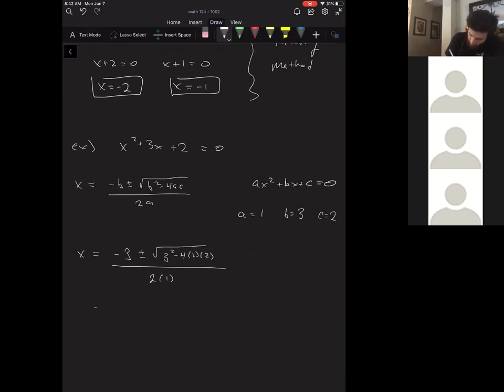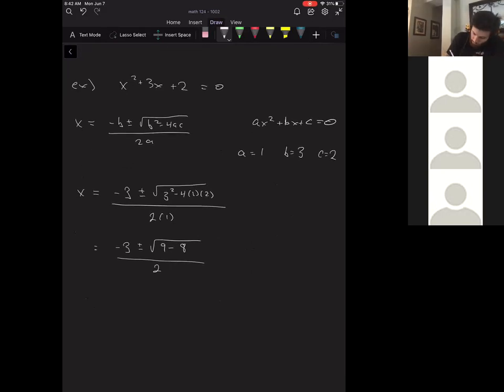Let's simplify this. We have minus 3 plus minus the square root, so 3 squared is 9. Then we have minus 4 times 1 times 2, which is just 8, all divided by 2 times 1, which is just 2. So we have minus 3 plus minus, and 9 minus 8 is 1, so we just have the square root of 1, which is just 1, all divided by 2.